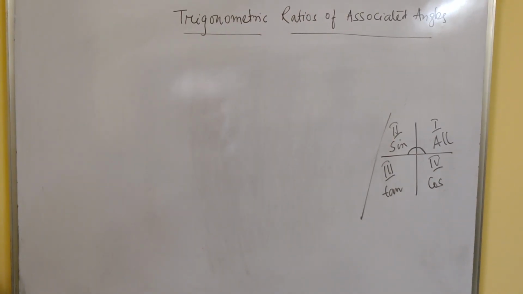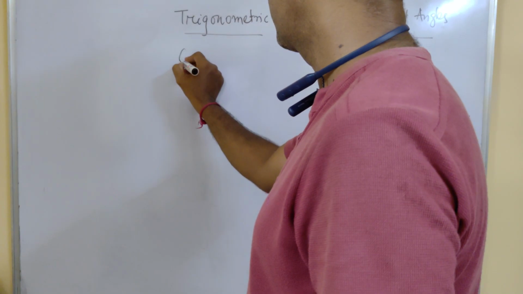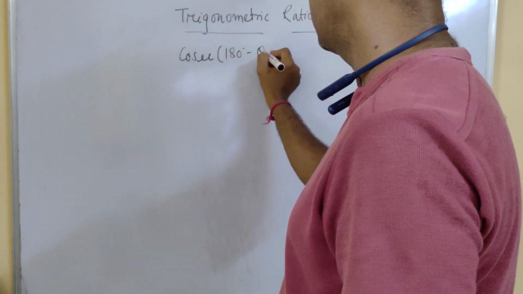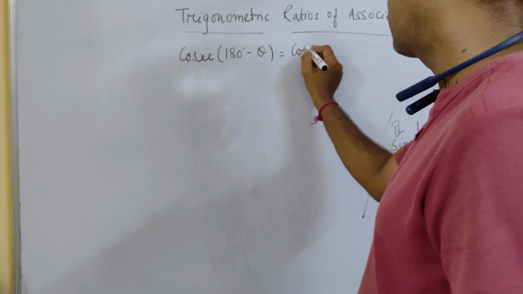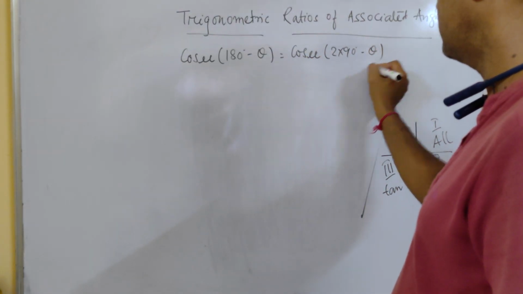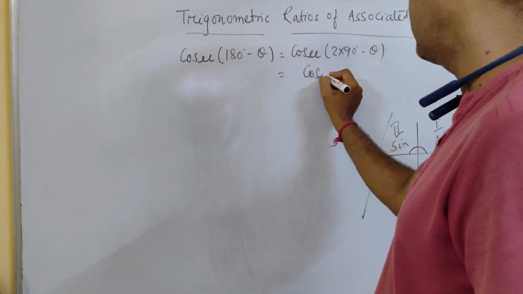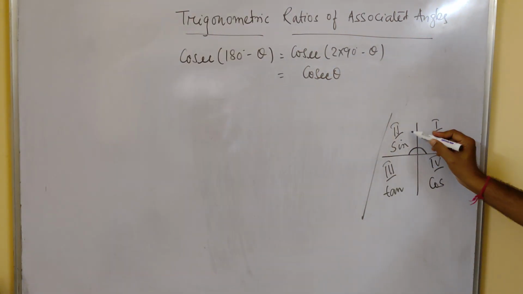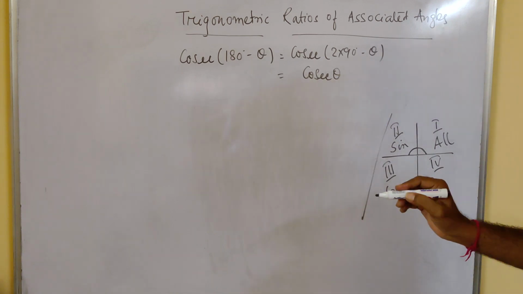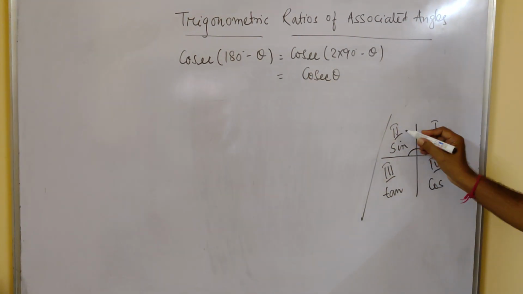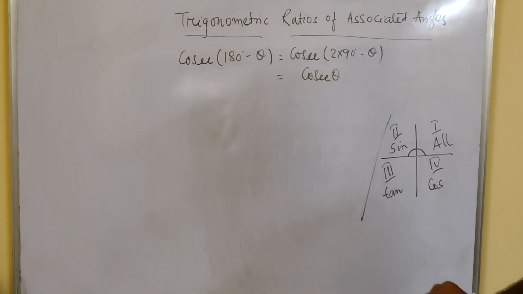Similarly, for other angles like cosec 180 degree minus theta, we may write cosec 2 into 90 degree minus theta. So it is cosec theta definitely, and it lies in the second quadrant. Therefore, sine and cosec both are positive here.